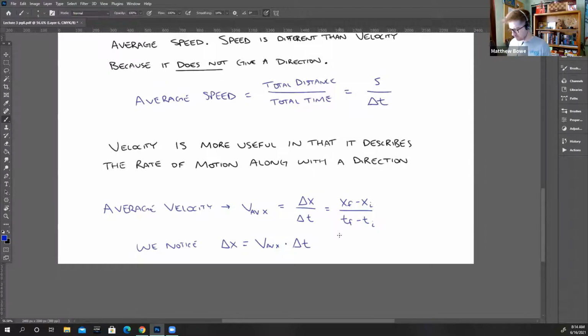So it's just me rearranging that equation to make something useful. Maybe I can use this later. Maybe I'm given a problem with velocity and time, and they want to know how much ground I cover, or how much distance has been covered.